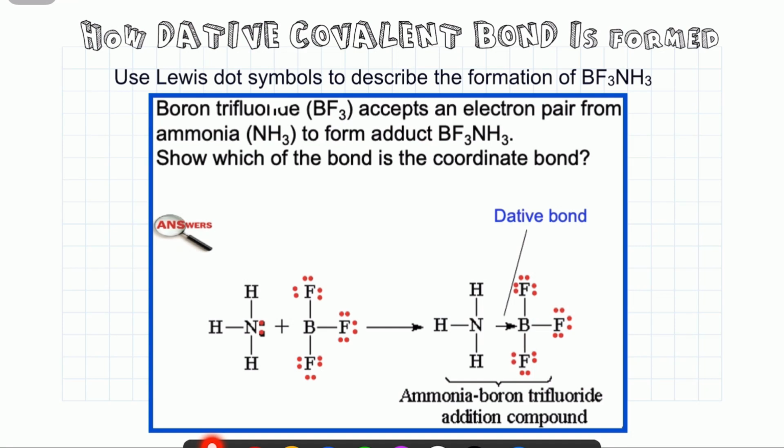As for the structure of ammonia and BF3, you can learn that in drawing Lewis structures, so don't worry if the question gives you the molecular formula. After you learn how to draw the Lewis structure, you can do these questions. This one is just to show how the dative covalent bond forms.